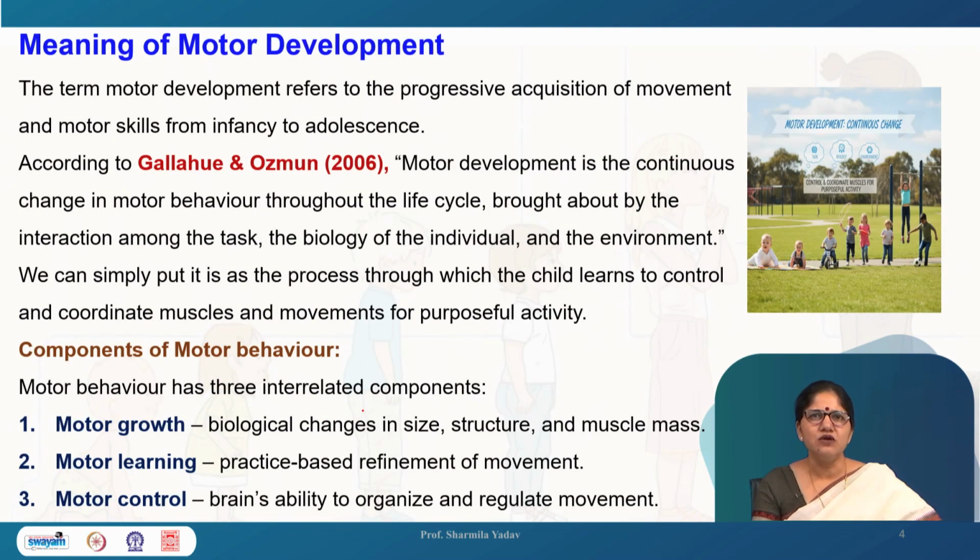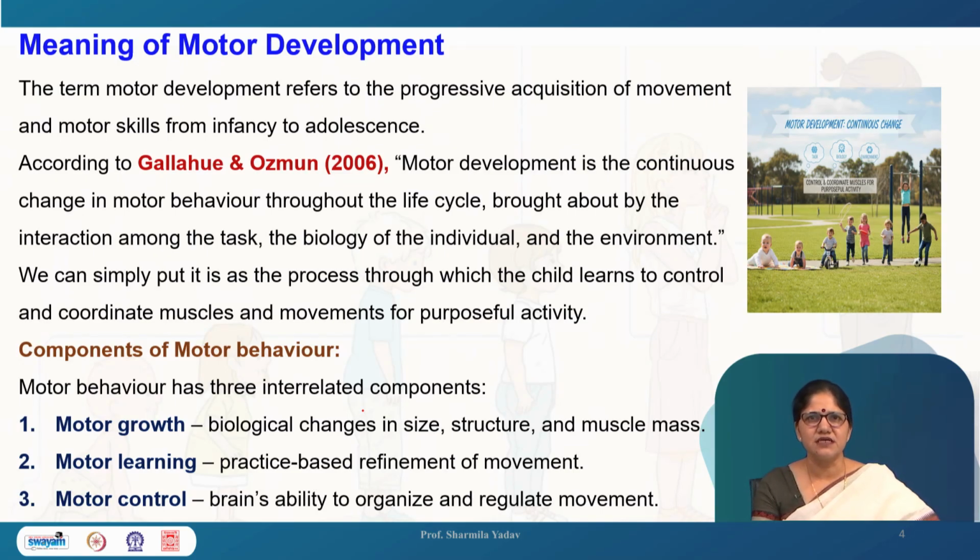Let's see what the meaning of motor development is. The term motor development refers to the progressive acquisition of movement and motor skills from infancy to adolescence. According to Gallagher and Osman, 2006, motor development is the continuous change in motor behavior throughout the life cycle, brought about by the interaction among the task, the biology of the individual and the environment.